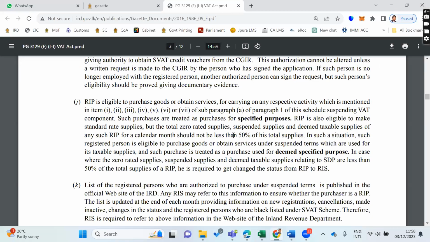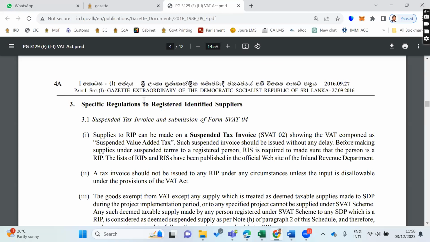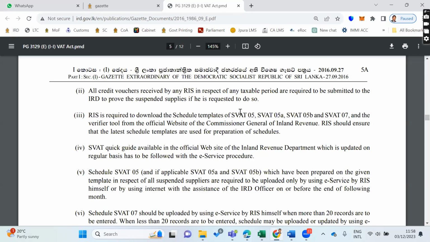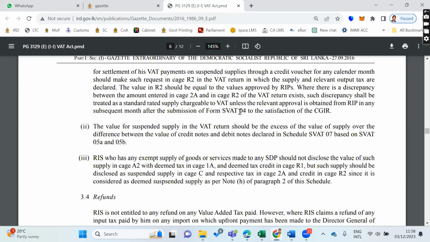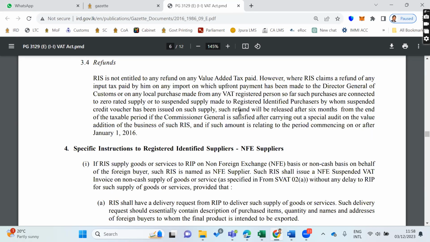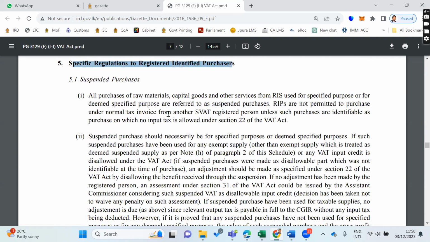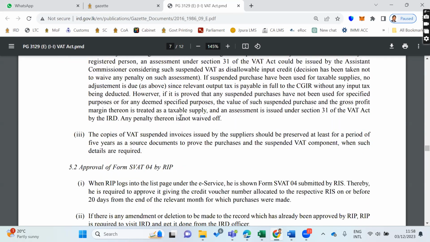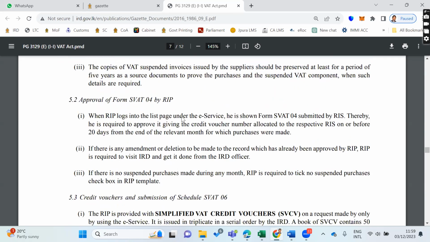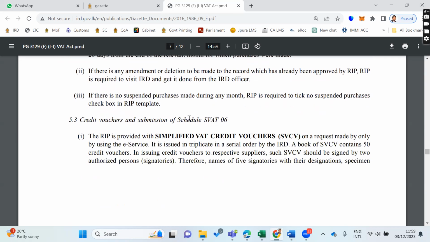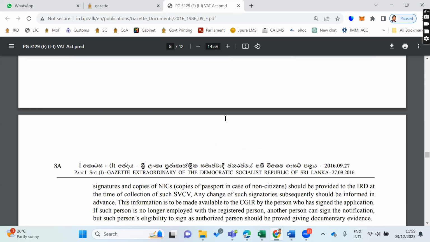What are the compliance requirements once they register, and the specific regulation relating to RIP? You can refer to the gazette notification. Then the approval is via form 4, and submit as schedule 6.